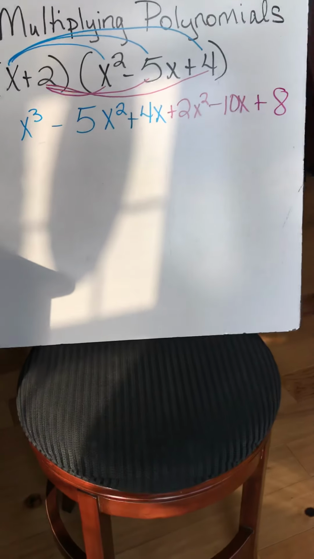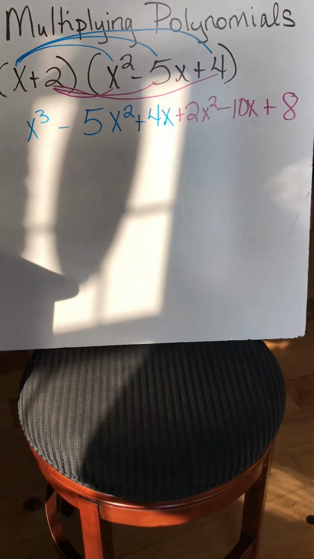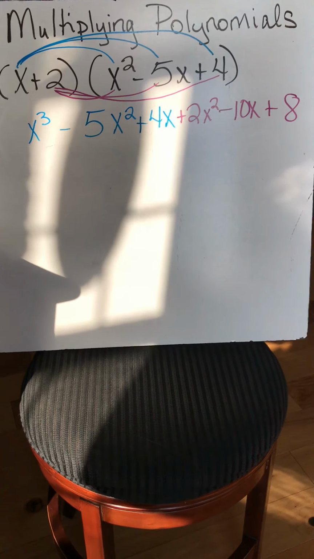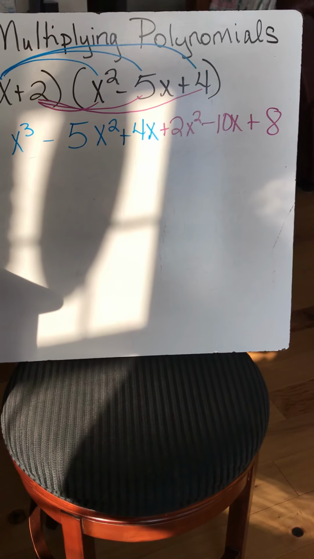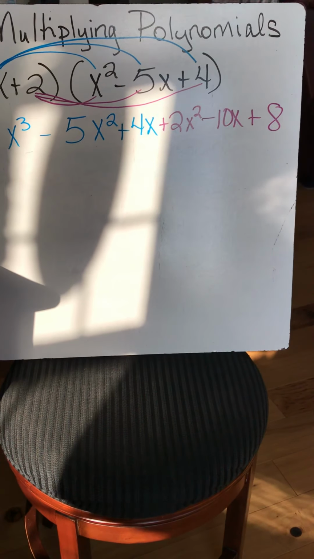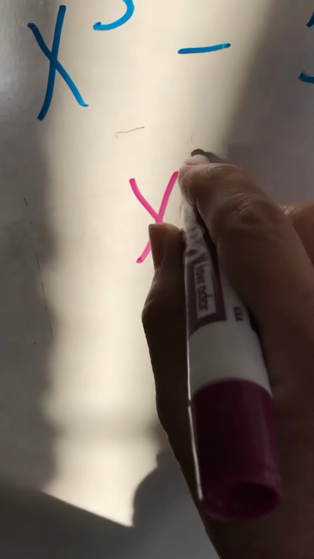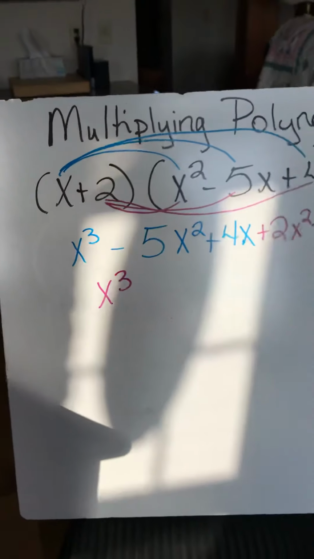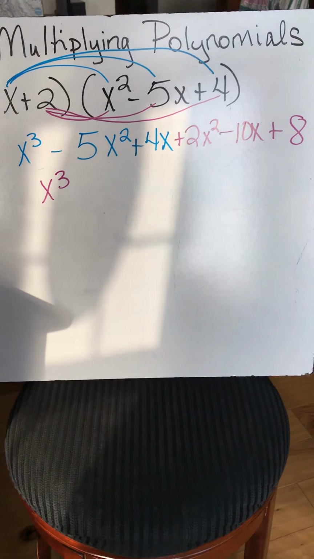Now I have got to combine my like terms. Is there anything that can go with x to the third? No, there's only one x to the third, so I'm going to bring it down. Now let's look again. I have a negative 5x squared.